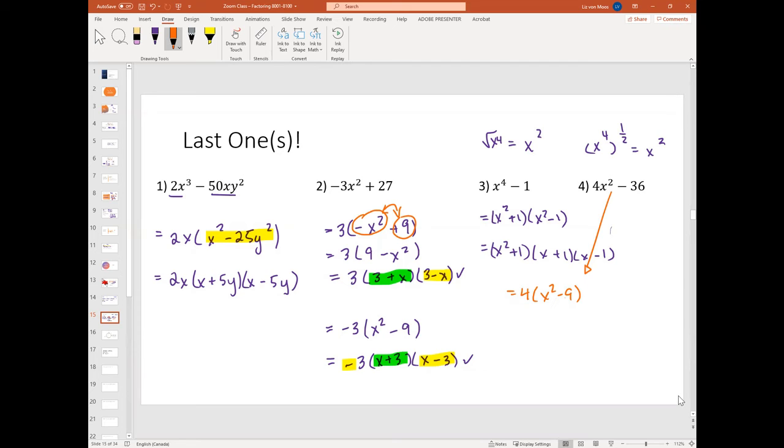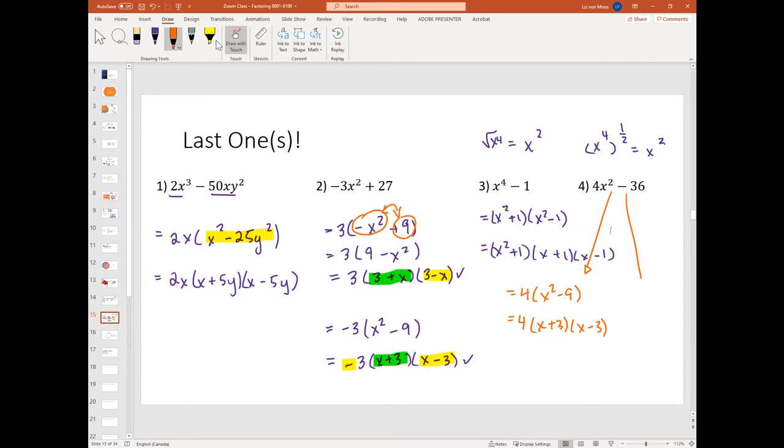And then we had a look at the leftovers inside the brackets, x squared minus 9. That is a perfect square. So we're left with 4 times x plus 3. The square root of 9 is 3. Math hasn't changed. And x minus 3.